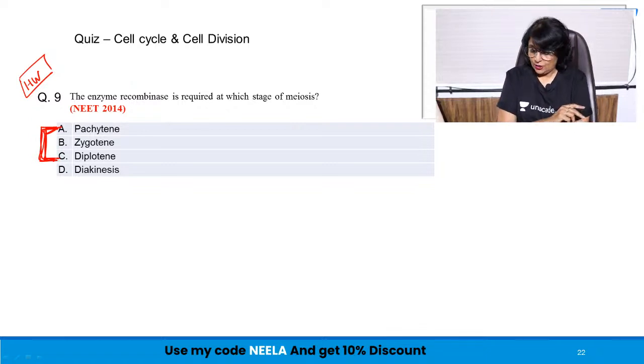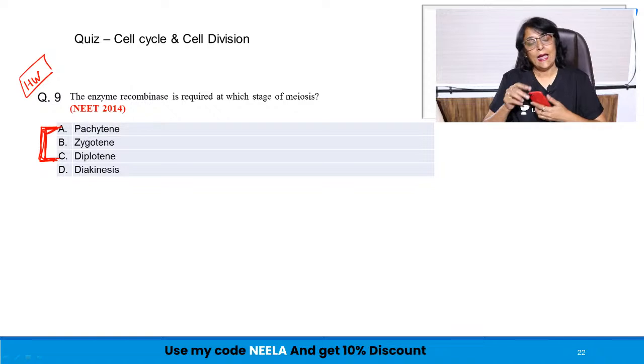Okay? So this is the question. The answer is either A or C, but we will go by the statement which is written in NCERT. And then we can conclude that the correct answer should be A or C.